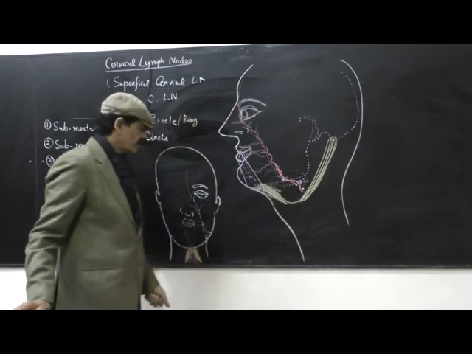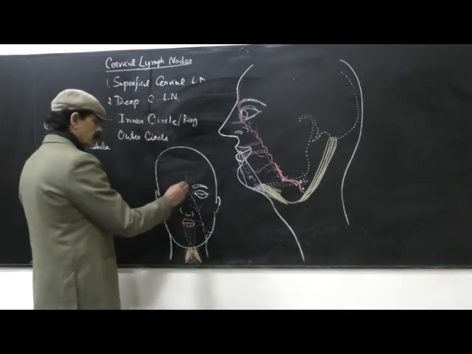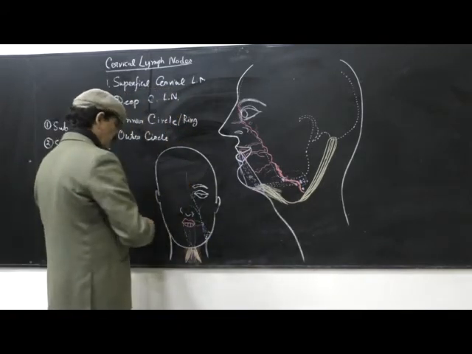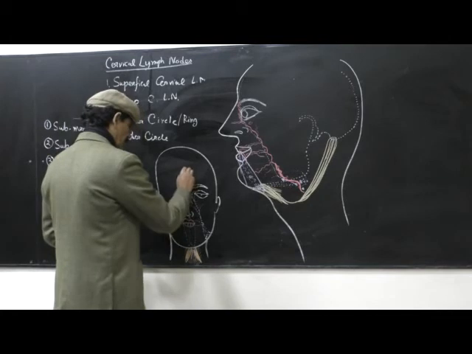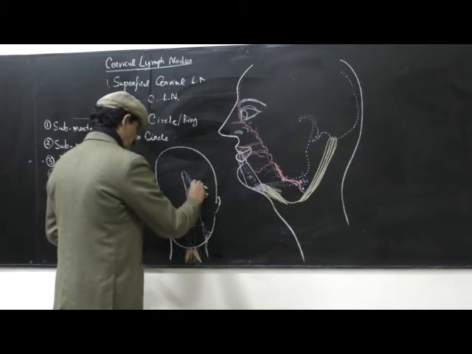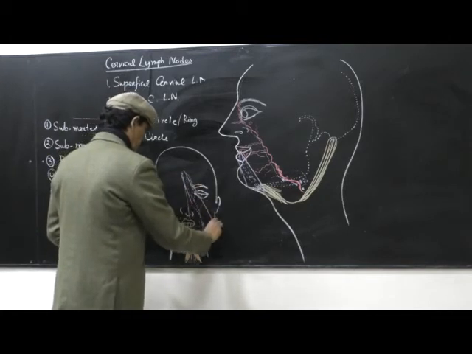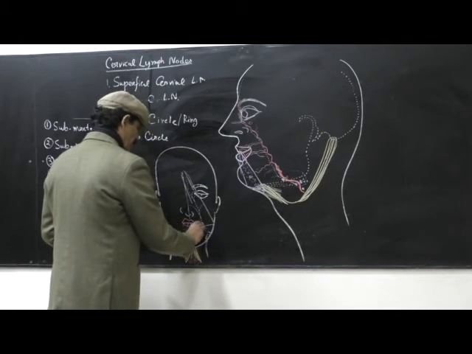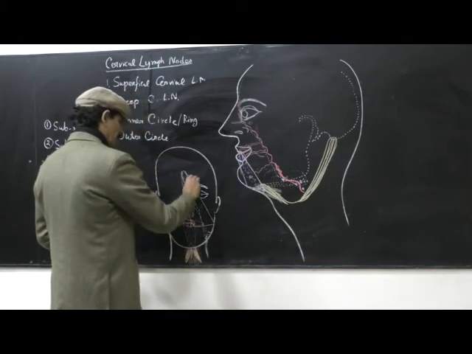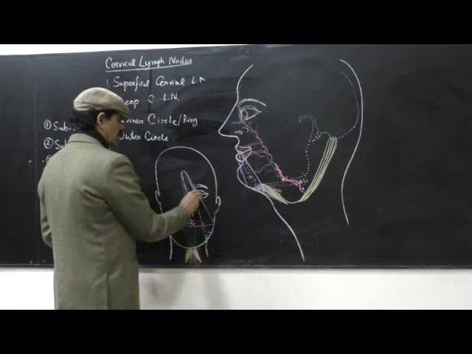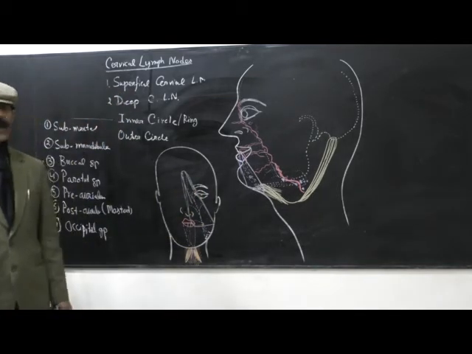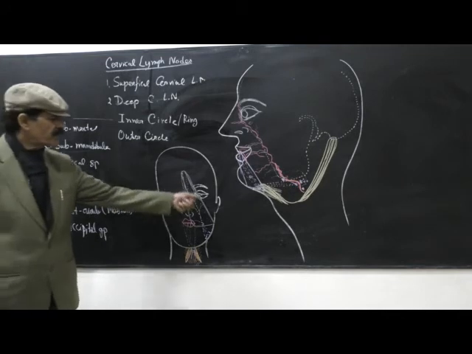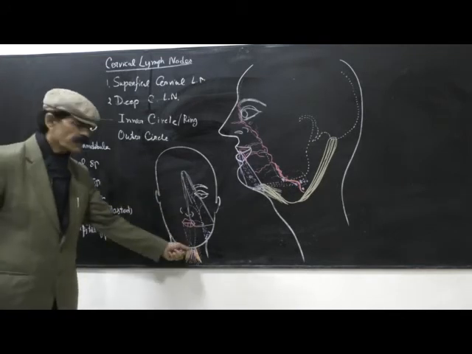So again, this wedge-shaped area is the drainage area or the afferents of the submandibular group of the lymph nodes.